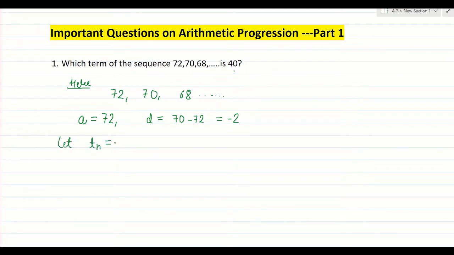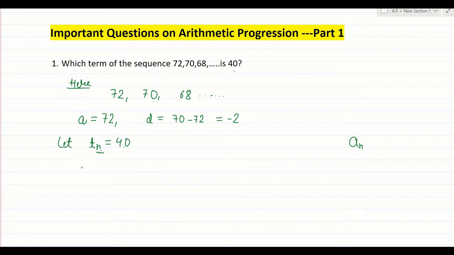Tn equal to 40. It means the nth term is 40. You can suppose this Tn as an as well, no problem. So we have supposed Tn is equal to 40. We need to find the value of n, the position of 40, isn't it?